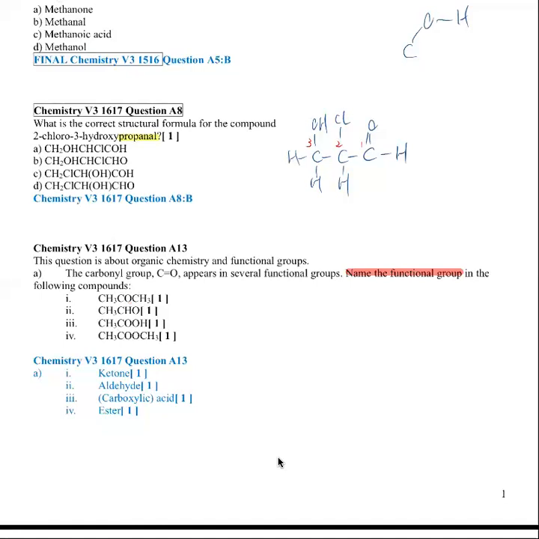Okay, so I got a question for the second question. Why is there a bracket? Where is the bracket? Are you talking about this question? That's just to show OH is a group.